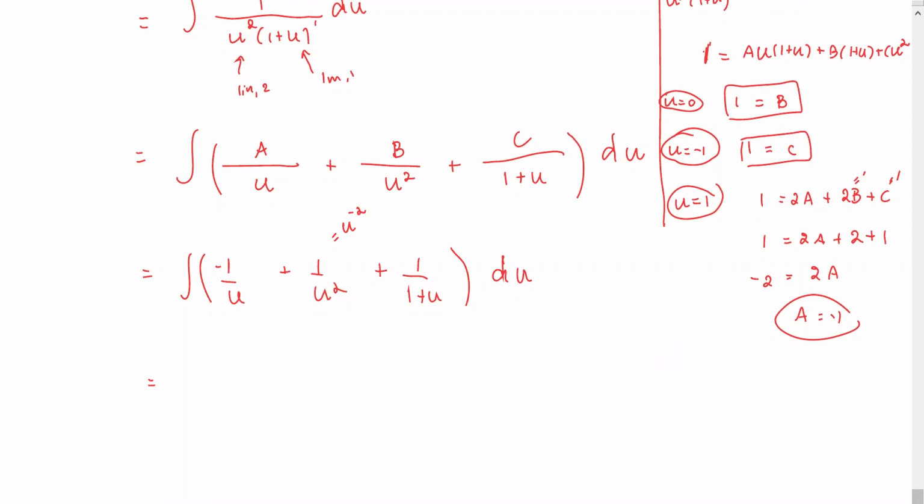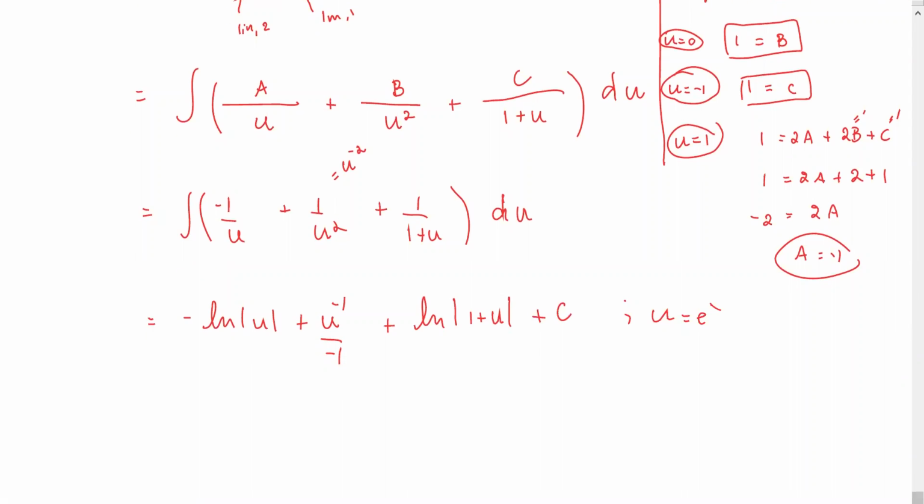The antiderivative of negative 1 over u is negative natural log absolute value of u. The antiderivative of u to the negative second is u to the negative first over negative 1, plus the last antiderivative, which is the natural log of absolute value of 1 plus u, and then plus c.